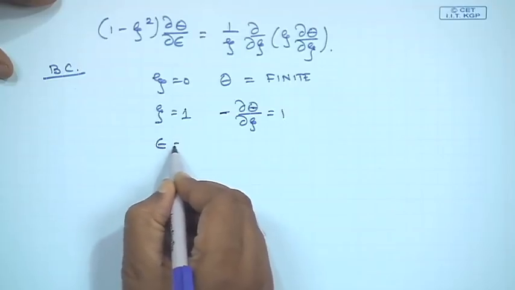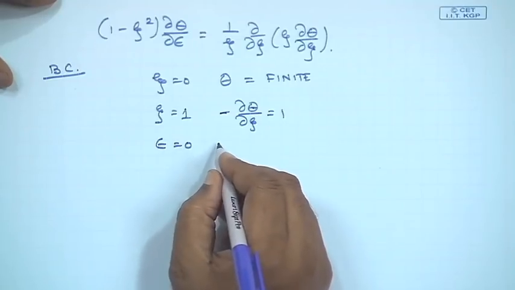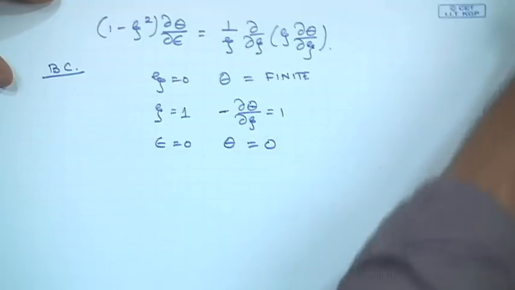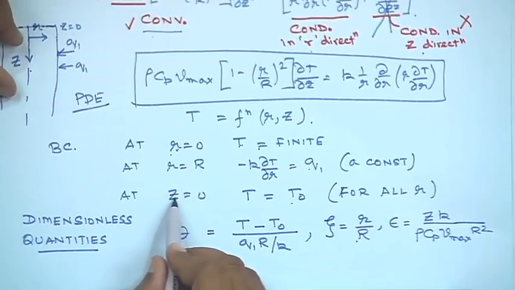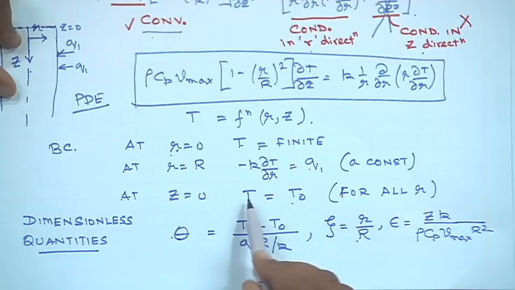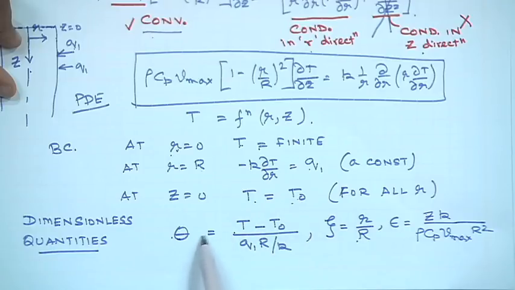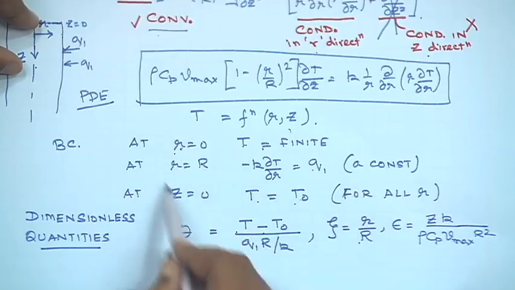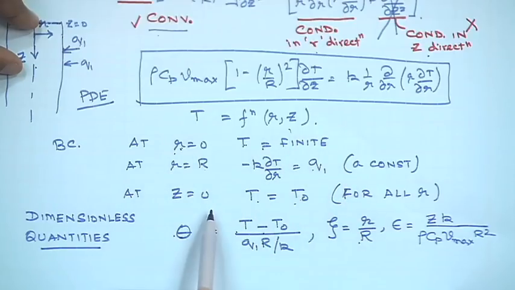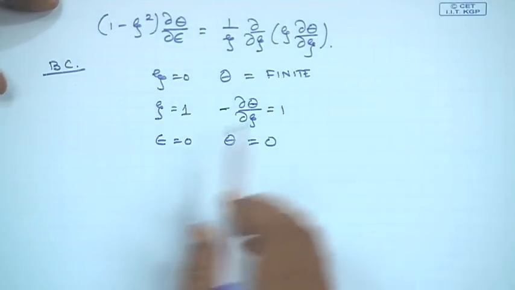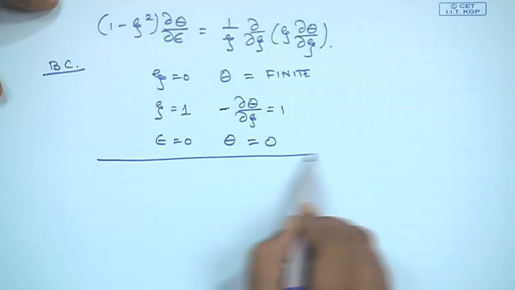And at epsilon equal to 0, that means at z equals 0, theta is equal to 0. Let us see what it is over here. At z equals 0, that means at epsilon equal to 0, T is equal to T0. If T is equal to T0, theta must be equal to 0. So, conceptually the boundary conditions for the dimensional equation have now been changed to the dimensionless form.